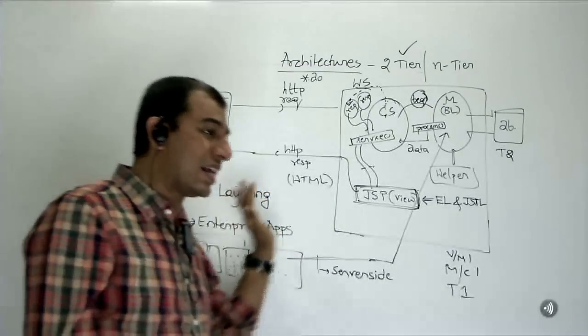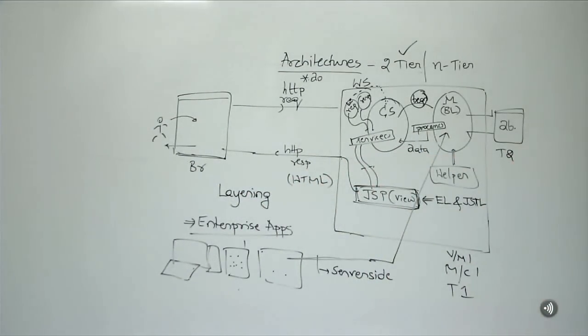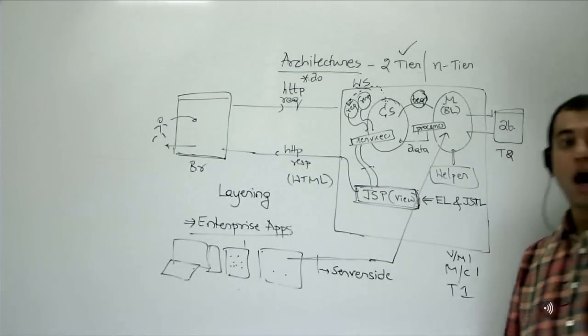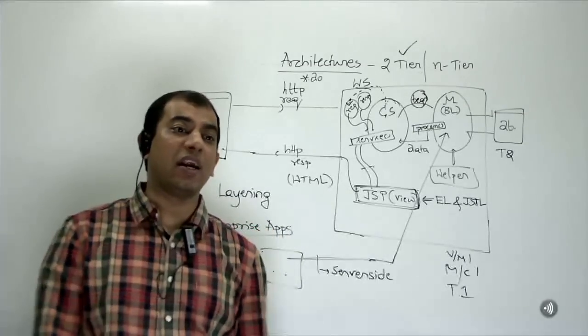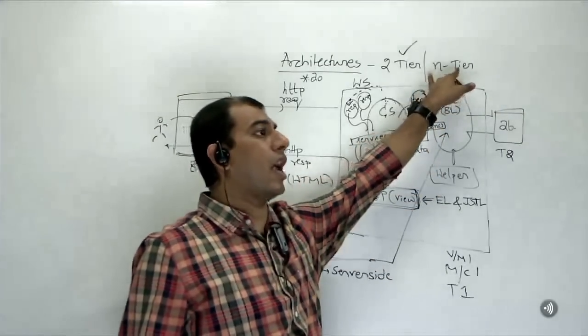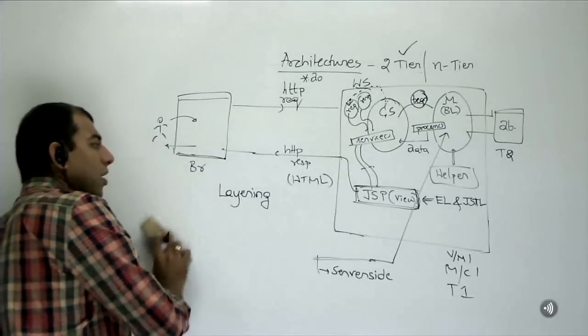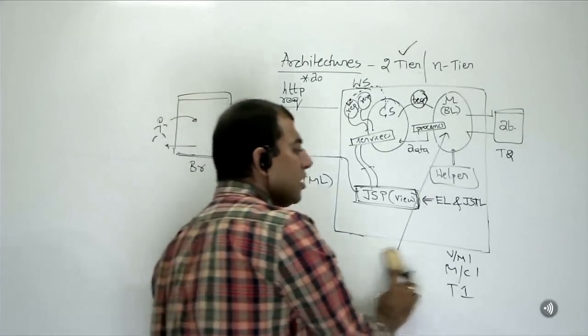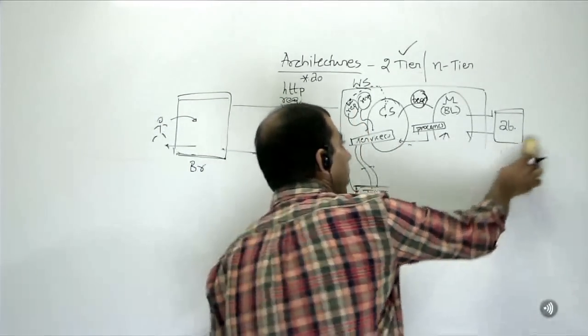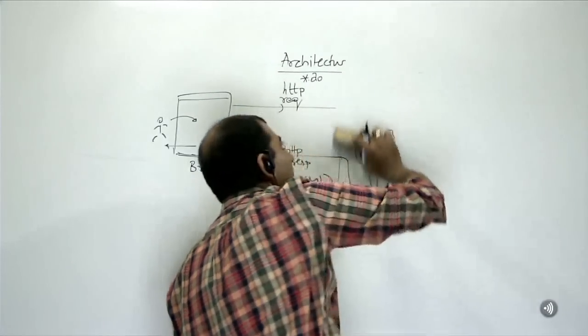So for such necessity, for creating more reusability of our business logic, what is typically done in an enterprise app is an entire architected application is built where your business logic does not run within the same box, within the same tier as your controller and view. It runs in a separate box.